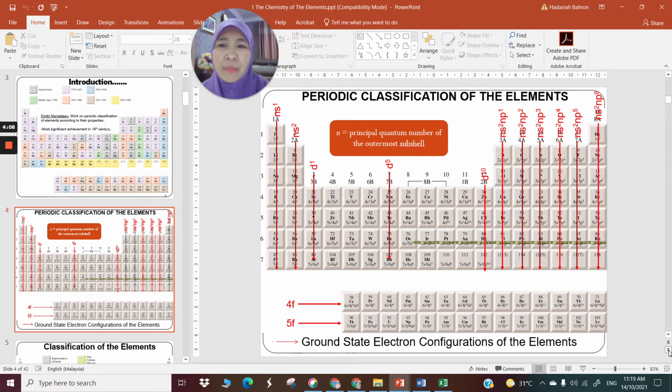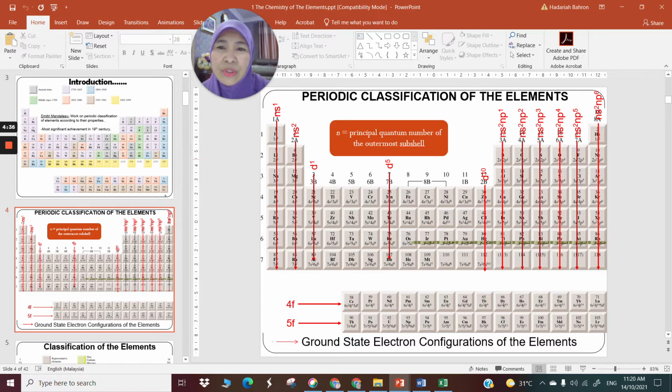So the modern periodic table, as you see it in here, is arranged according to the principal quantum number of the outermost shell. If we say n is equal to 1, we're talking about the elements in the first row, which is hydrogen and helium.